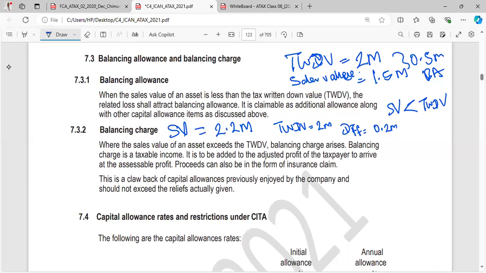So you now make a profit of 200,000. Government says you make a profit, you are going to pay a tax charge on that 200,000. So that charge is called balancing charge.